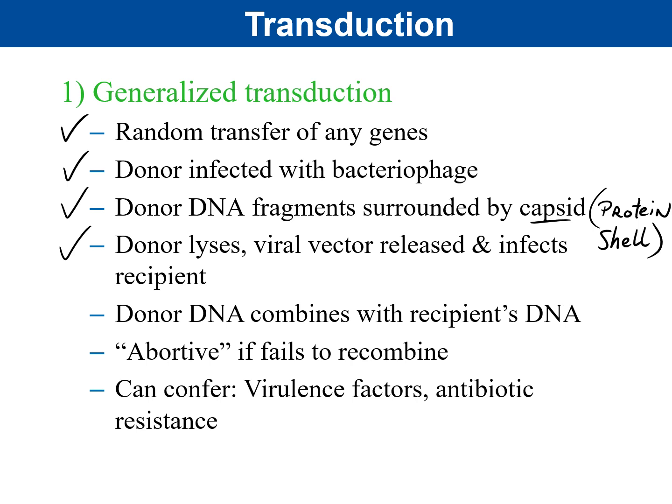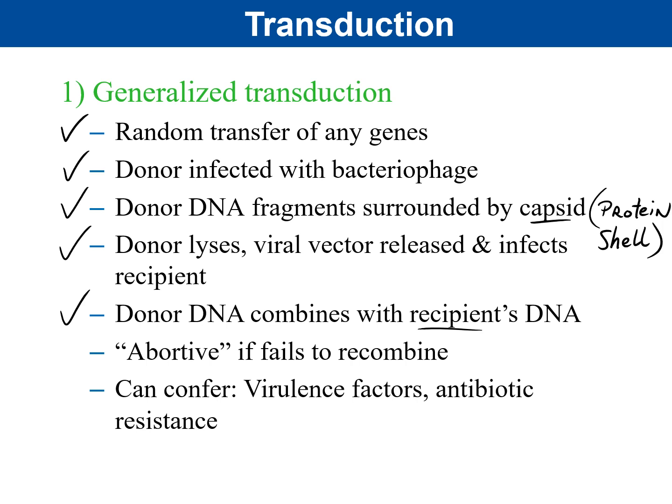An infected bacterial cell could release anywhere from 50 to a couple hundred new viruses, and some of those viruses that are released, if they happen to have packaged up bacterial DNA, they can take that donor DNA, deliver it to a recipient, and then if that combines, then you have a recombinant cell.